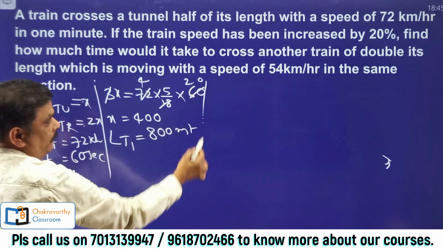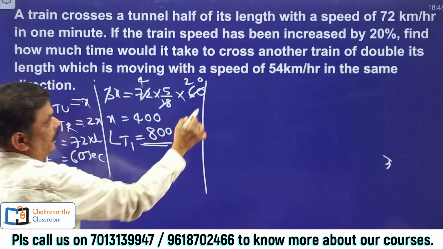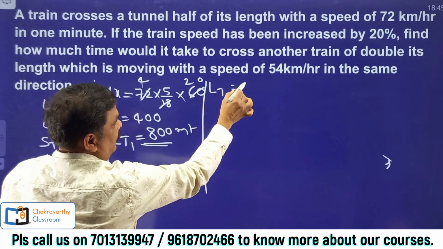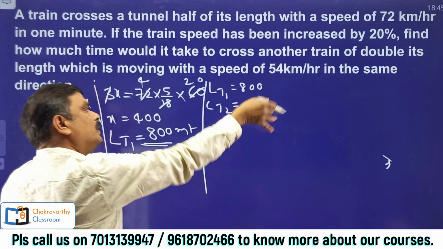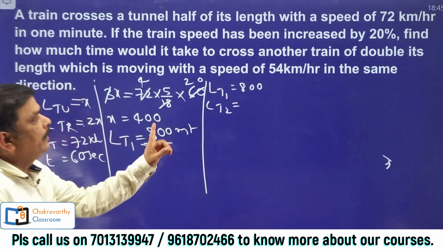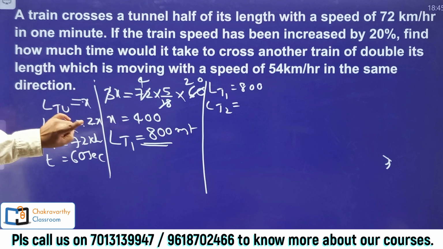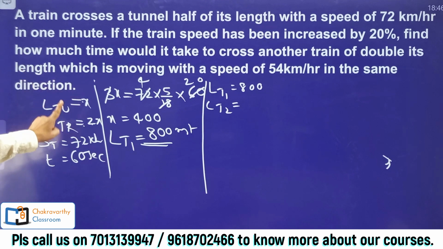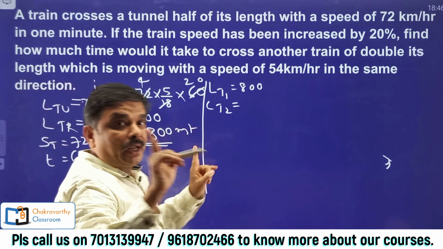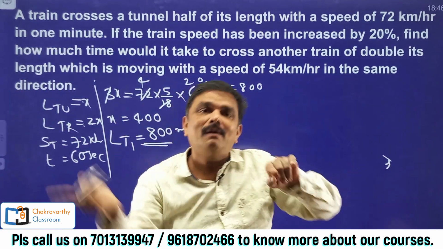Alright, now take the second case. What is the second case here? When length of train 1 is 800, I'll write again here. Train 1 is 800 meters, then length of train 2 is obviously double that one. So here, very simply, how they have given, find how much time would it take to cross another train of double its length. So here you see, second train is double the first train.